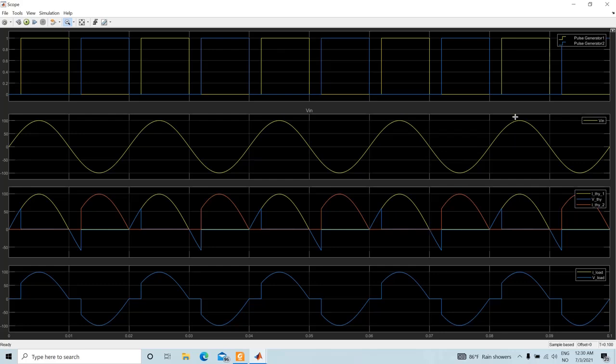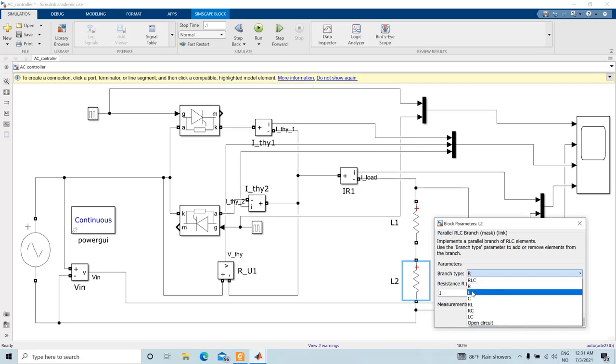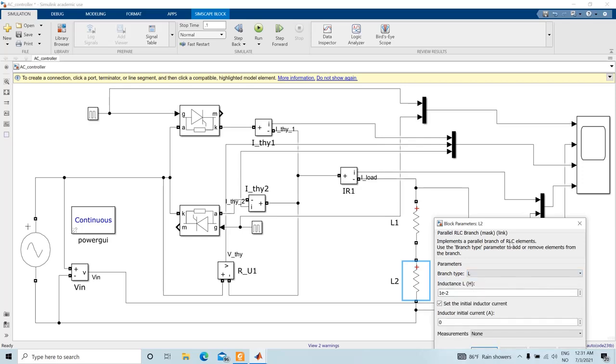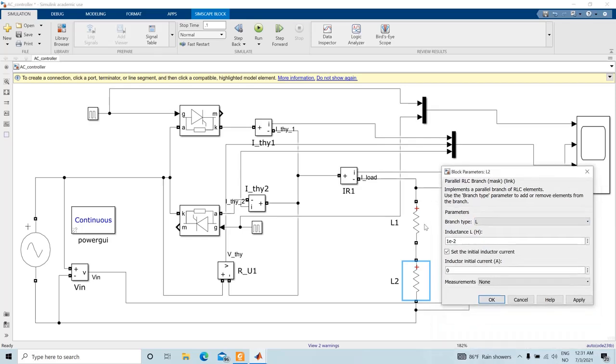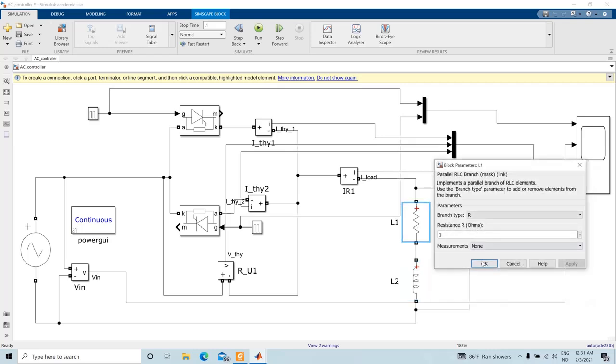So this is pretty easy to understand, but what happens if we change the load from resistive to an inductive load? So let's add another load here and then replace it with L. Now this particular resistance is 1 ohm.